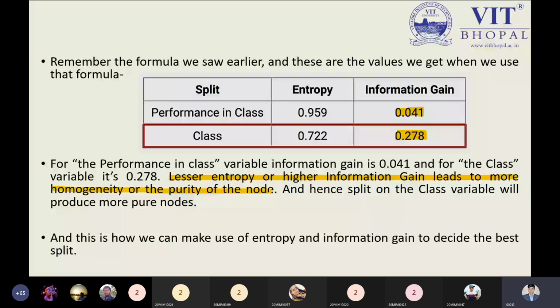But for the class standard, 9th and 10th, the entropy is 0.722, from which we get the information gain 0.278, which is not very close to 0. So we can say this would be used to split our data.